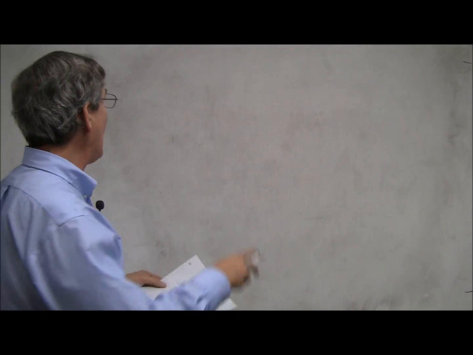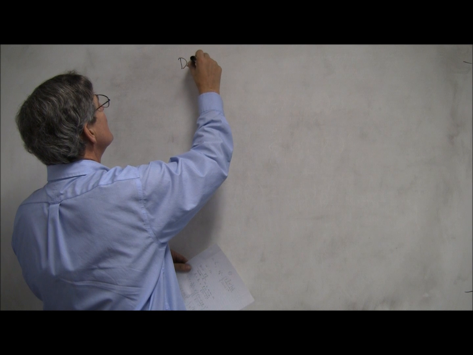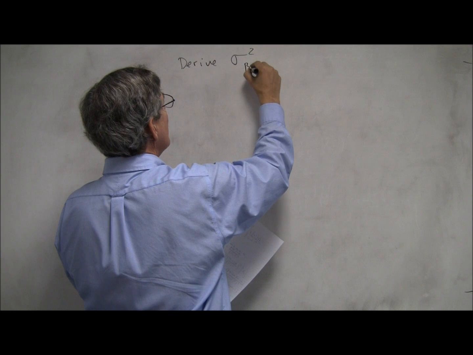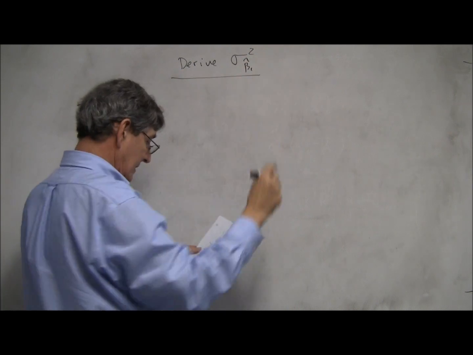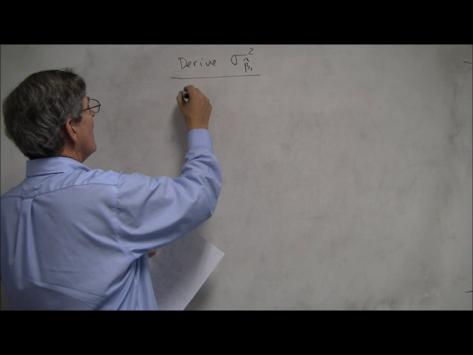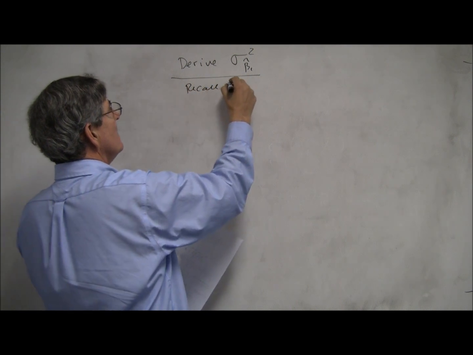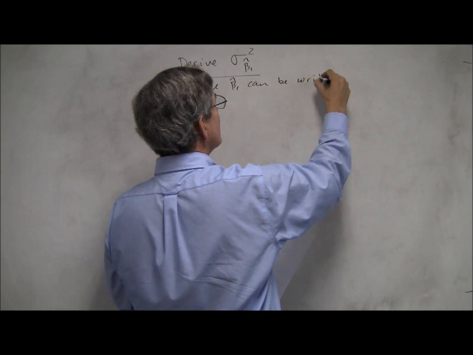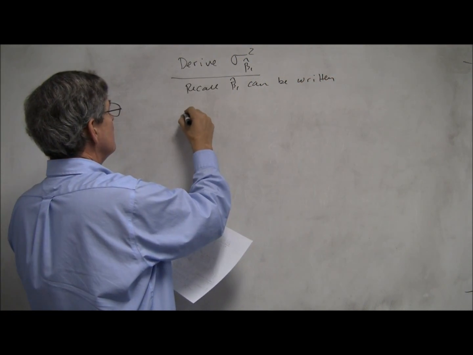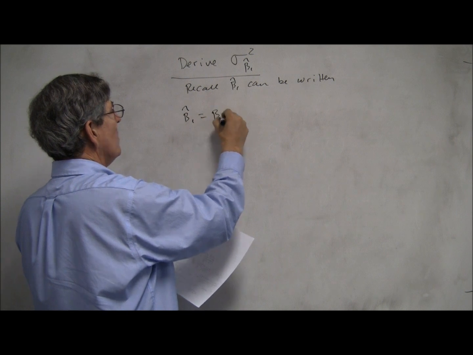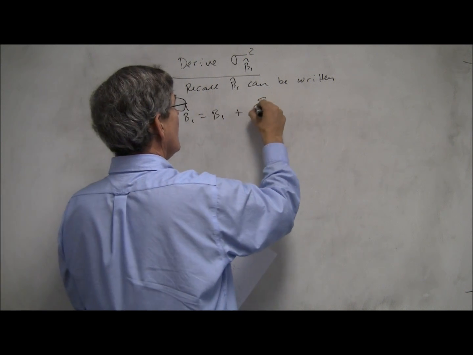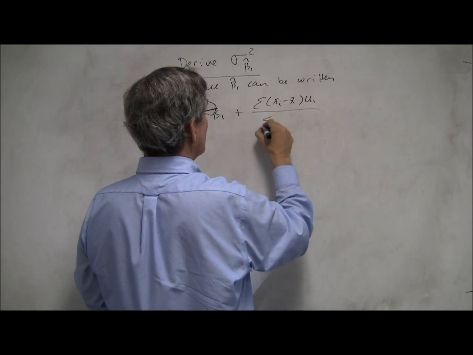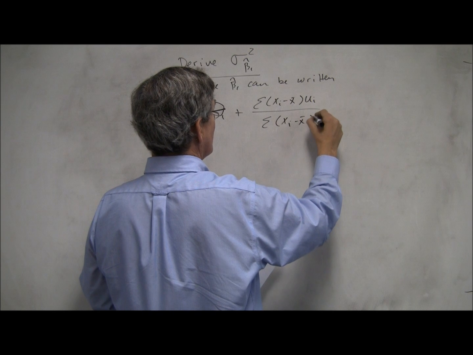Let me actually derive sigma squared beta 1 hat. Recall, beta 1 hat can be written as beta 1 plus the sum of the xi minus x bar times ui over the sum of the xi minus x bar squared.